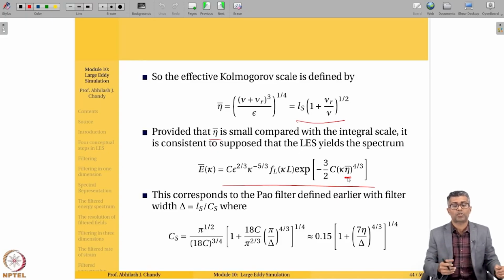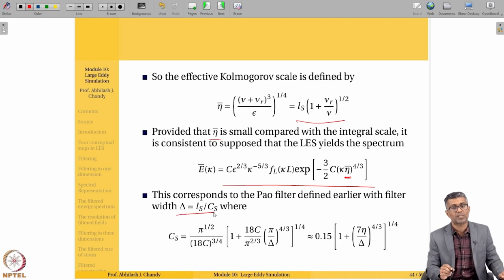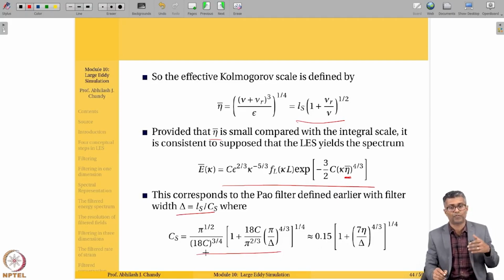This corresponds to the power filter defined earlier with the filter width delta equals LS over CS. CS is this expression here, which is approximately equal to 0.15 after substituting the value of C, pi and all that, times 1 plus 7 eta over delta to the 4/3, the whole thing to the 1/4.